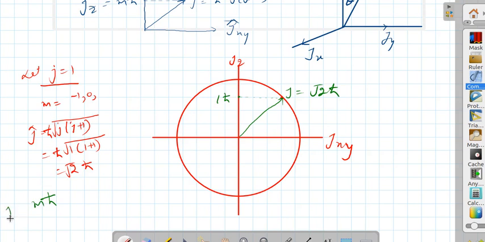jz. So it has three possible values, minus 1 h cross, 0 h cross, or 1 h cross. So this is one value, 1 h cross, and similarly there is another value, minus 1 h cross, and there is another value, 0 h cross. These are the three possible values.